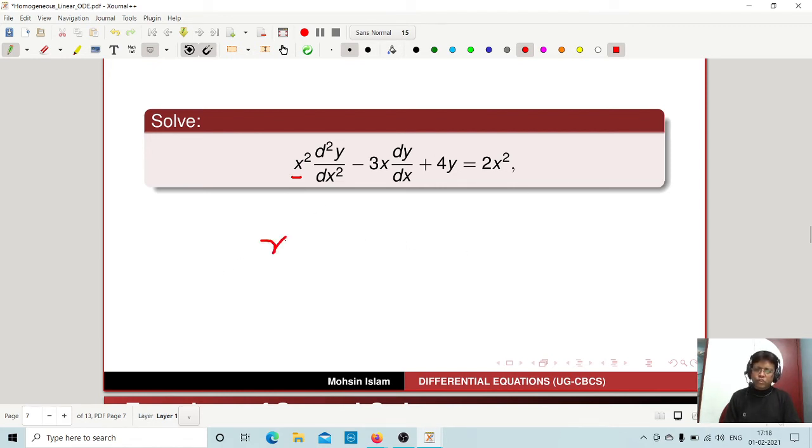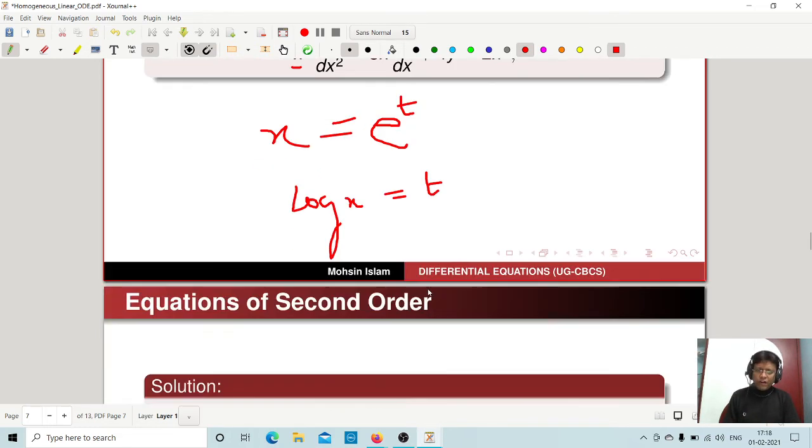Your standard substitution is x equal to e to the power t. So naturally log x is t, and you get dt/dx as 1/x, and you convert similarly.